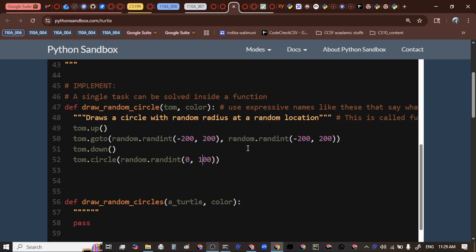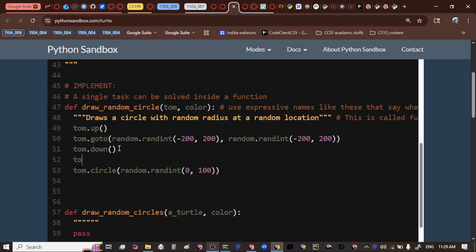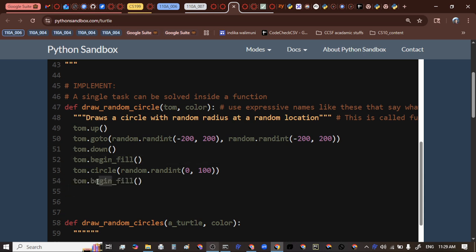Okay, all right. So now let's add the colors, right? So Tom dot fill, sorry, begin fill, right? And then Tom dot end fill, all right.